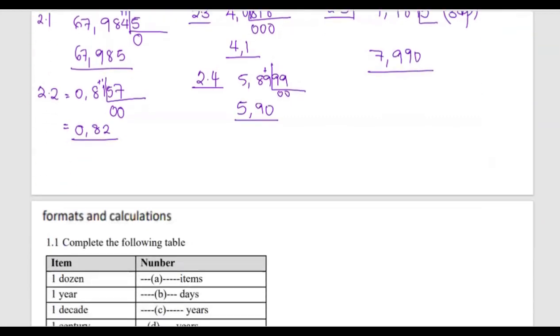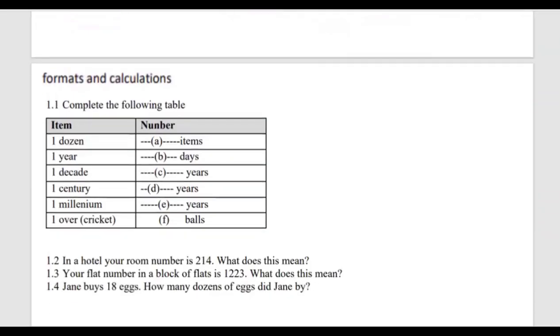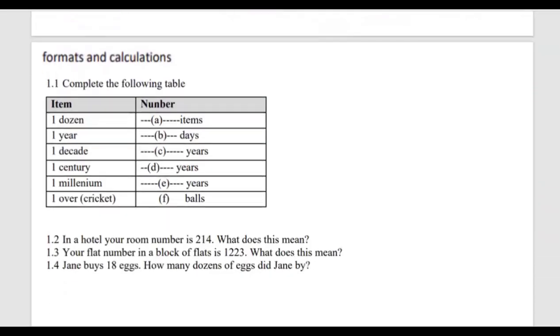We continue and we look at the format numbers. What does a dozen mean? A dozen stands for 12 items. 1 year has how many days? It's either 365 or 366. A year with 366 is called a leap year. And in this year, February goes to 29 days.